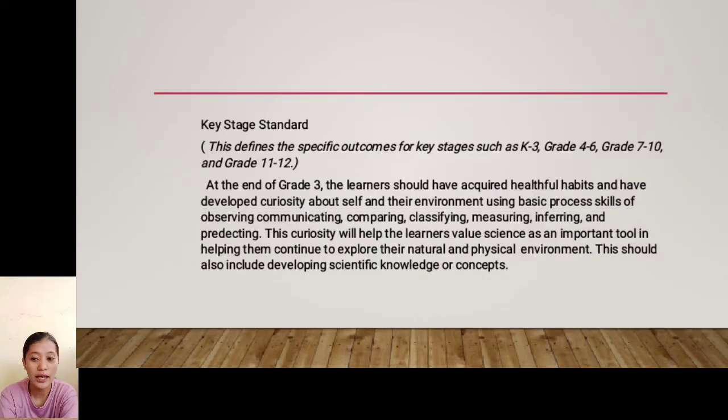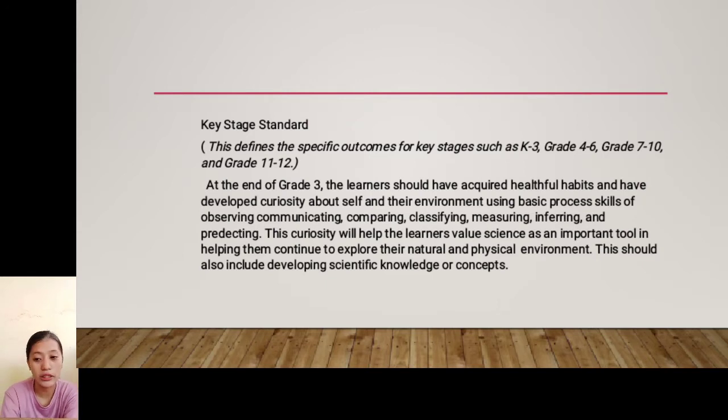The second is the key stage standard, which defines the specific outcomes for key stages such as K to 3, grade 4 to 6, grade 7 to 10, and grade 11 to 12.